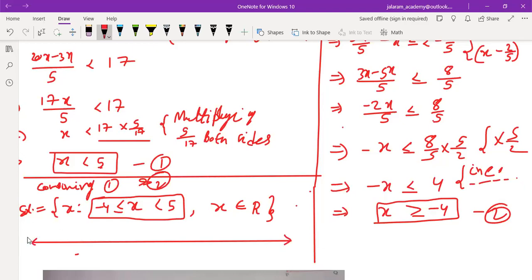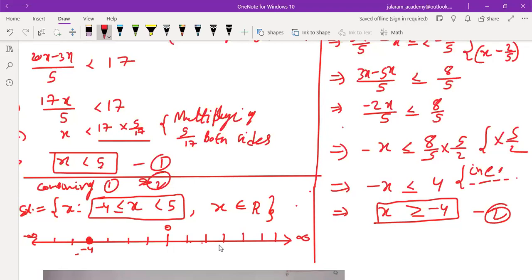So make the number line. So minus infinity to plus infinity, 0 as the centralmost point. Then 1, 2, 3, 4, 5, 6, and so on up to infinity. This side minus 1, minus 2, minus 3, minus 4, minus 5, minus 6. So minus 4 to 5. So 1, 2, 3, 4.